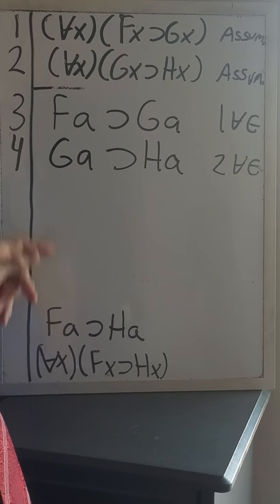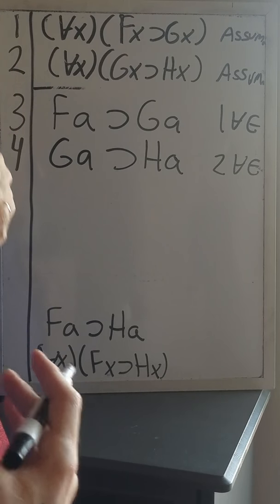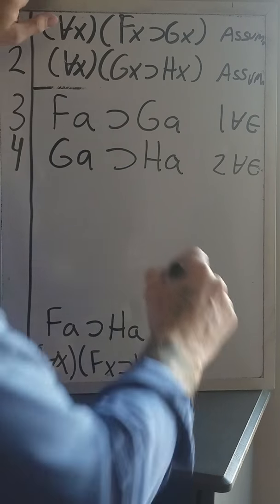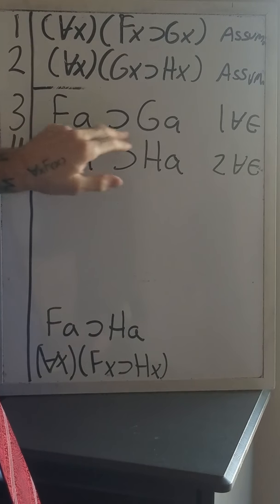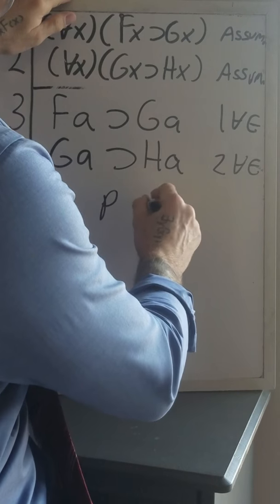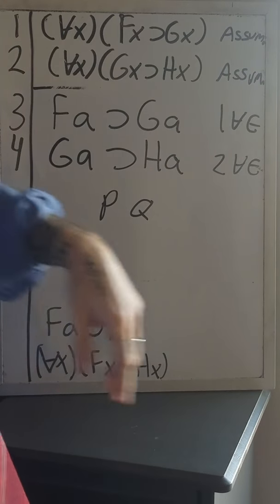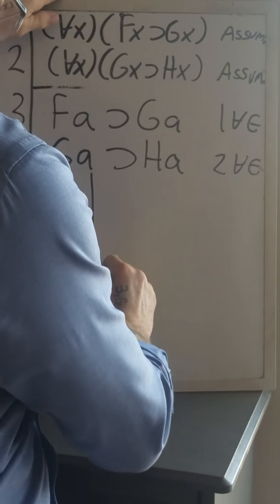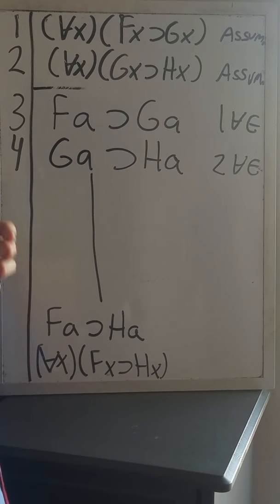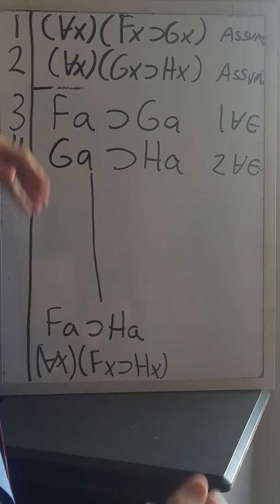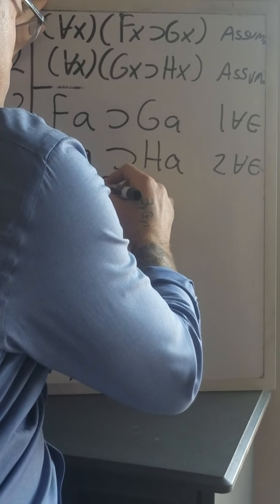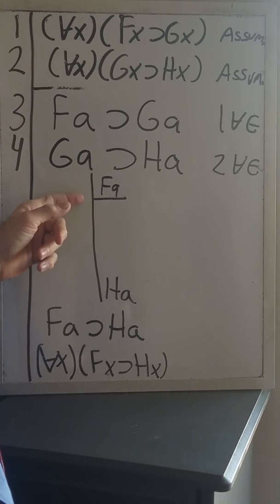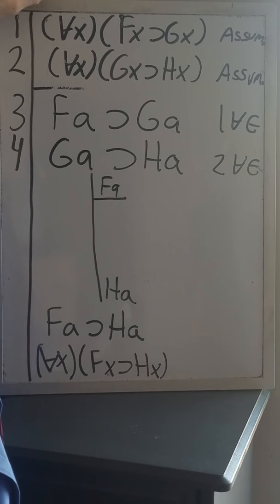And now, at least this part of the proof is going to run just like a proof of sentential logic, because as far as the derivations are concerned, we can handle these just like a P or a Q in sentential logic. So getting this is just a straightforward case of using conditional introduction. Again, we're trying to prove a conditional. We assume the antecedent. We want to show that the consequent follows.